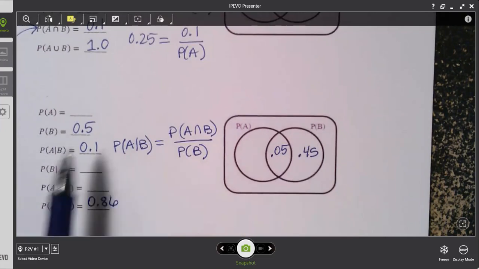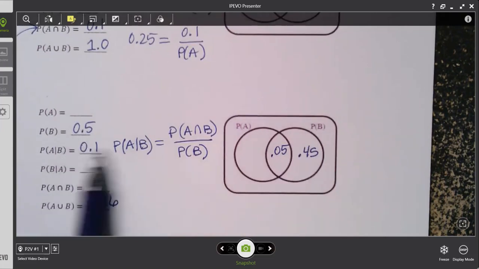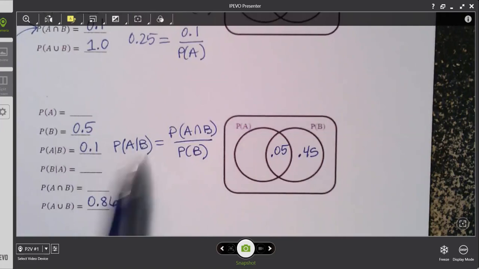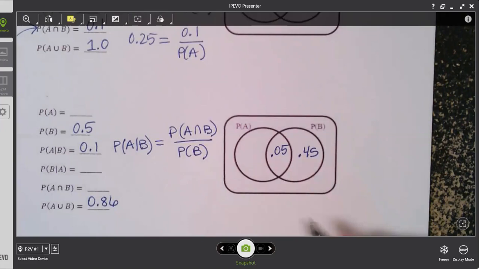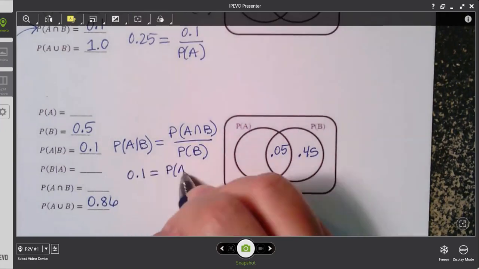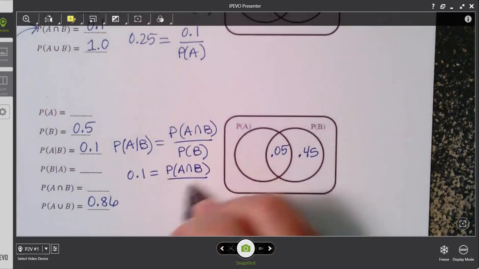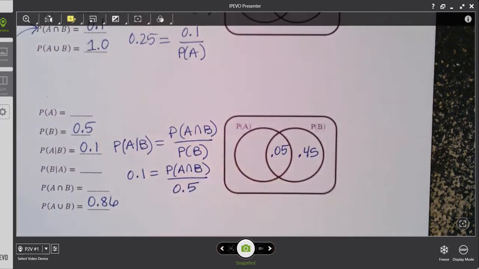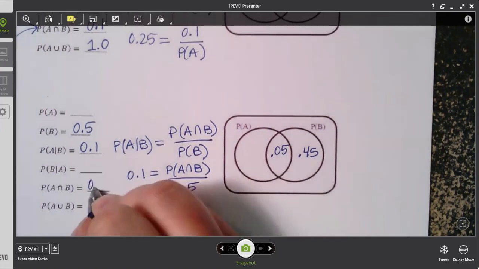And I could just put that in here and this here and go ahead and multiply and solve my equation. If you don't believe me, let me do it for you. 0.1 equals P of A and B over 0.5. To solve this equation, I would multiply 0.5 times 0.1, and that's where I get 0.05. Remember, that's the intersection, the overlap, and so I'd write 0.05 here.